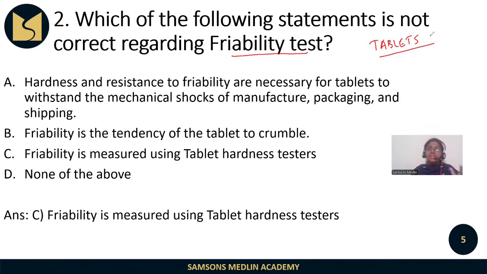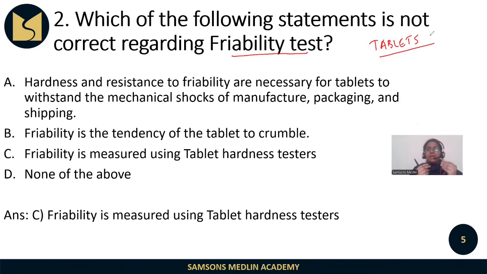Now, the hardness and friability tests are almost linked together. They determine the strength of the tablet. If a tablet is hard enough, we can say it is less friable. Friable means the ability to break down.